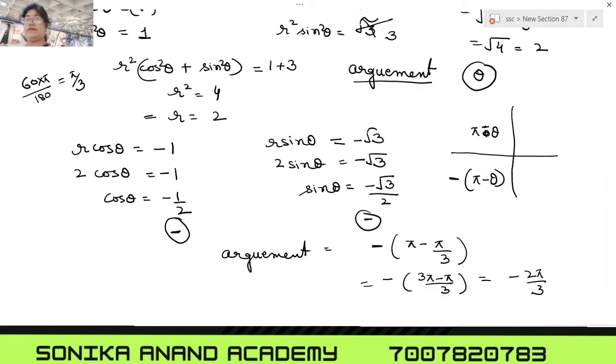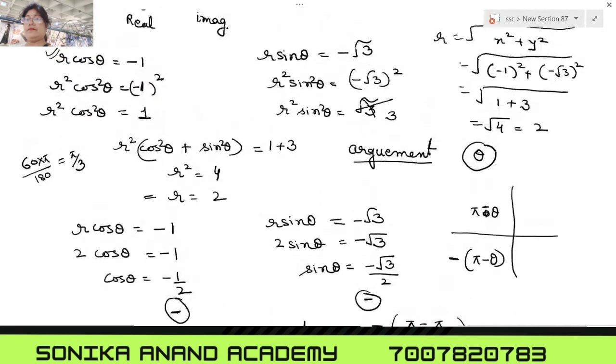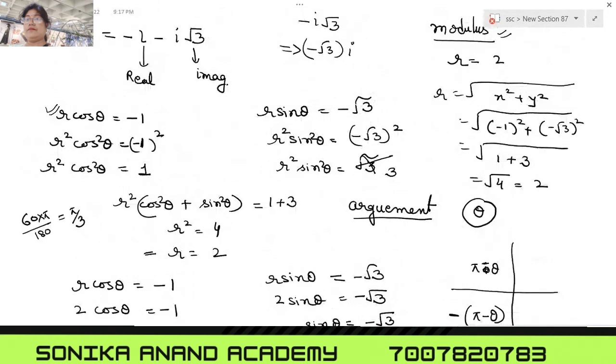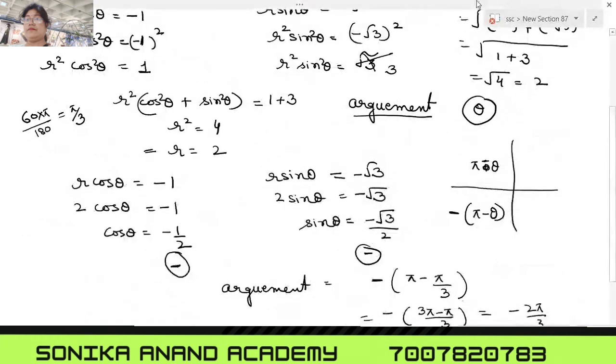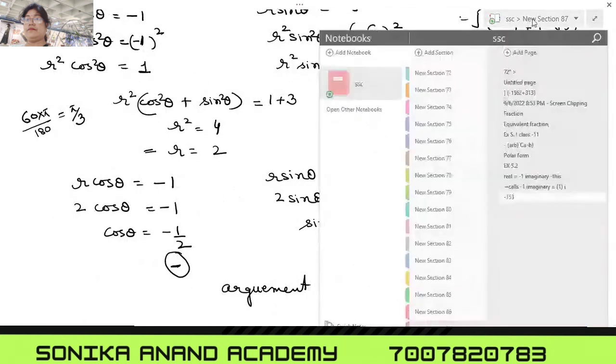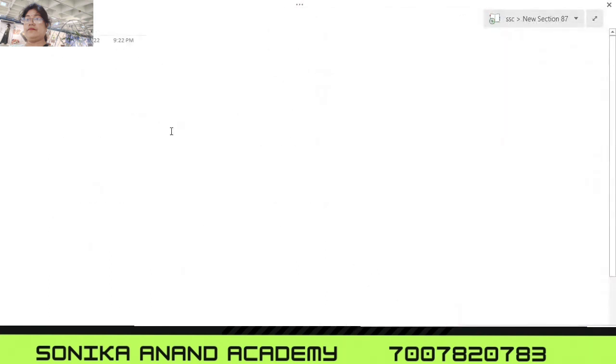I want to check whether you will find the argument correctly or not. Firstly, find the modulus and argument. Have you noted this question or not? Yes, ma'am. And Hatika, please count the number of lectures and send it to me on WhatsApp. I will check later.